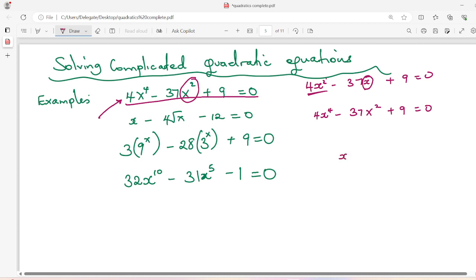And when I solve it, my solutions are actually for x squared. You get your calculator and you try to solve it. You make your a to be 4, you make your b to be negative 37, and you make your c to be 9 in your calculator, and then you can solve it.